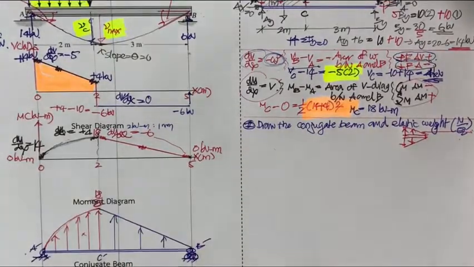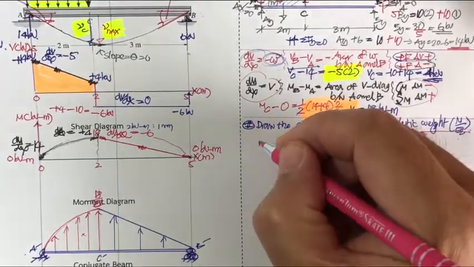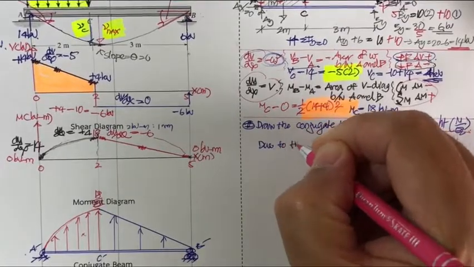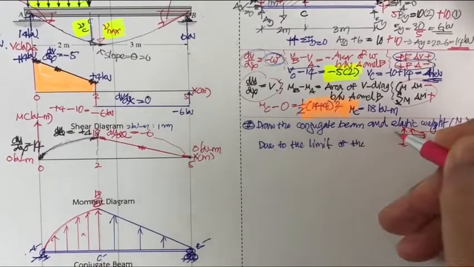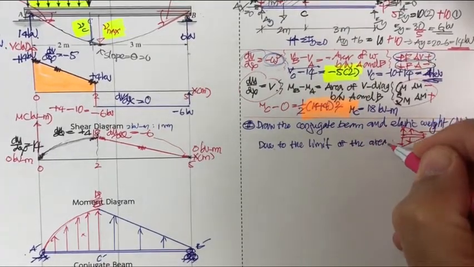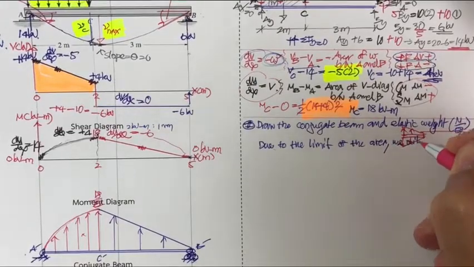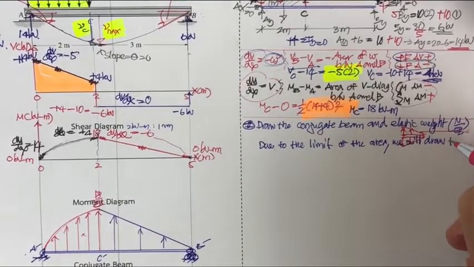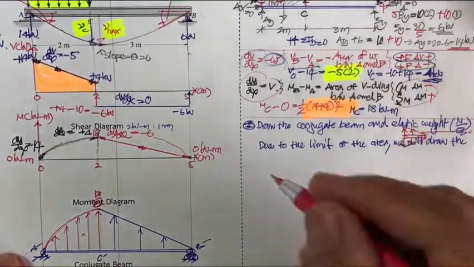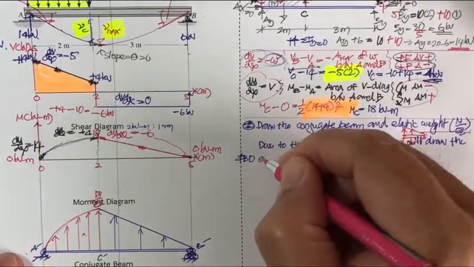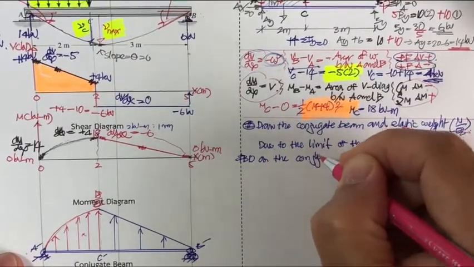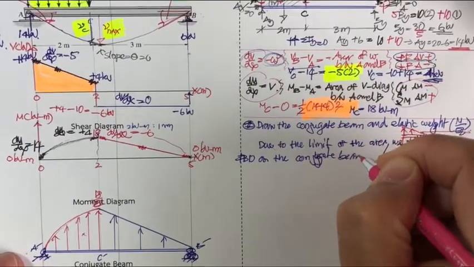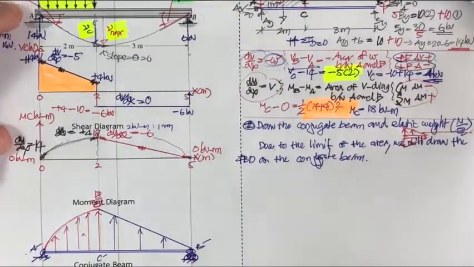Okay, this is our conjugate beam, and due to the limited area, we will draw the free body diagram on the conjugate beam. Okay, we have really limited area.